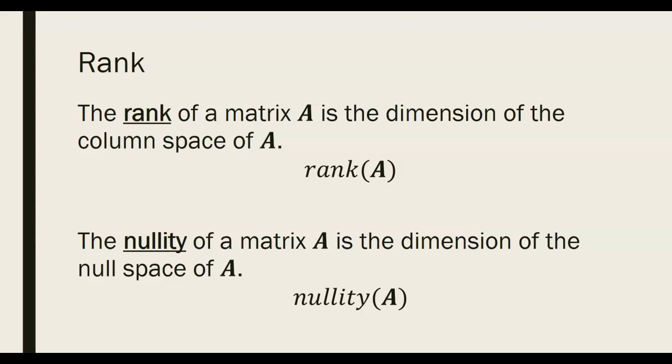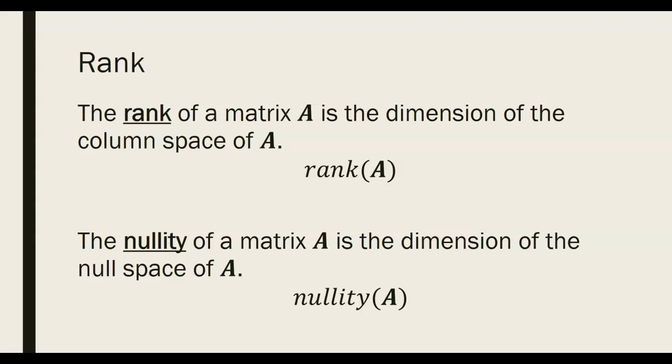The word that's in the title of this section is the word rank. Quite shortly, the rank of a matrix is the dimension of the column space of that matrix. So if we calculate what the column space is, we can find the rank.